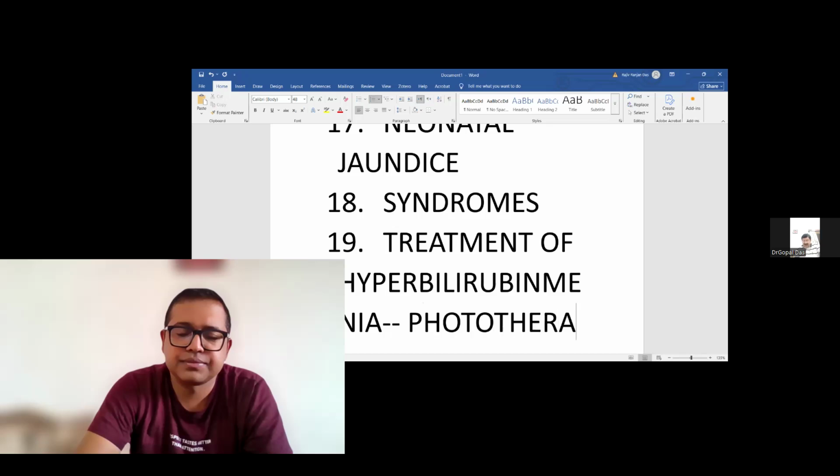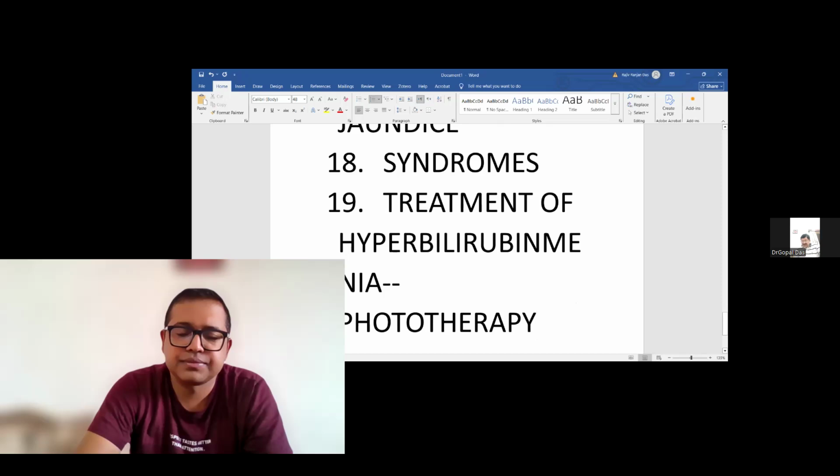Now, what is the mechanism of phototherapy? The main mechanism is structural isomerization, along with photooxidation. These two are very important, you must remember. Okay.